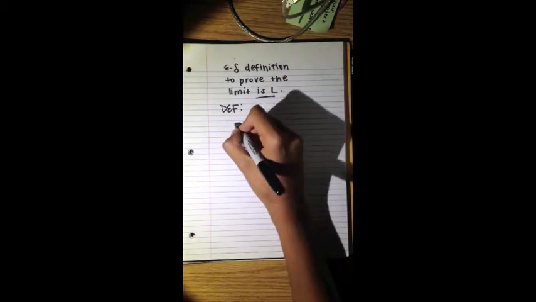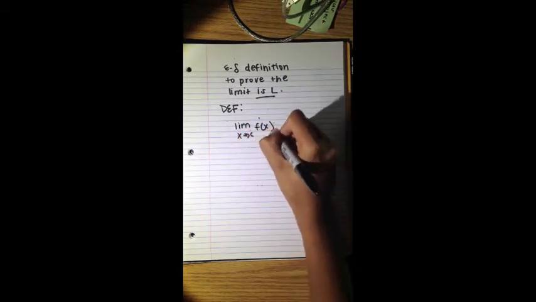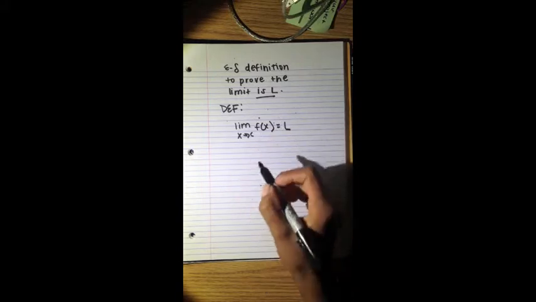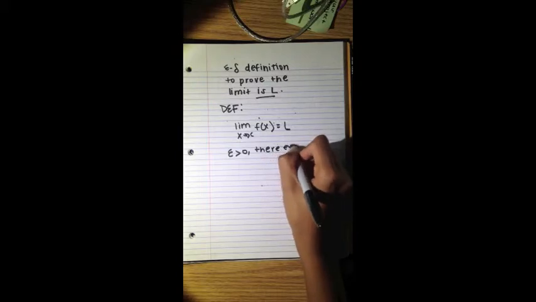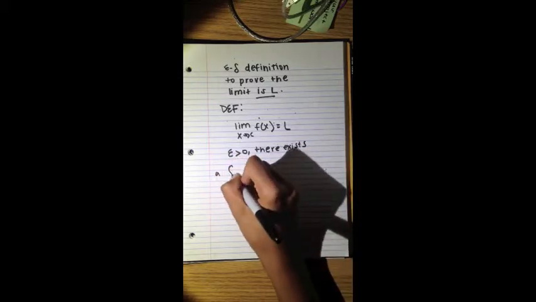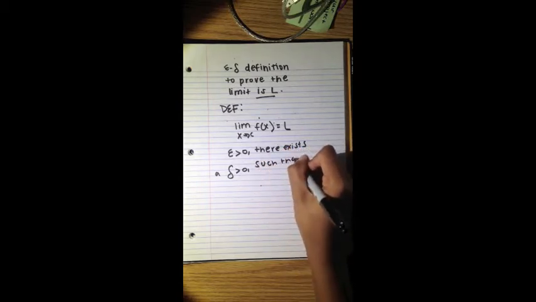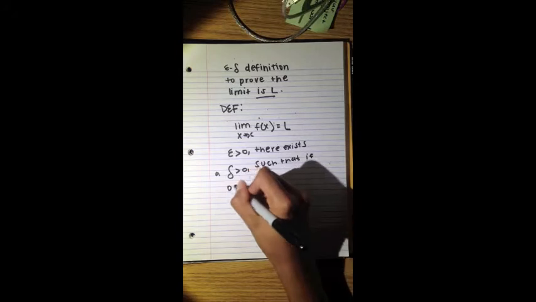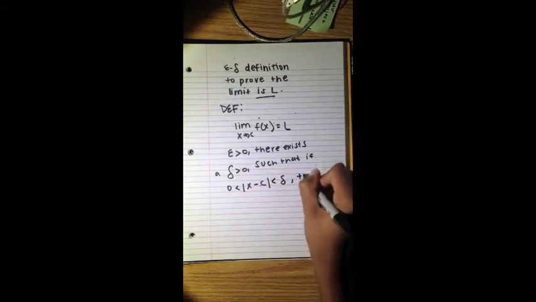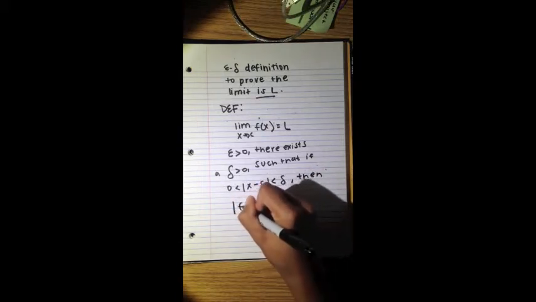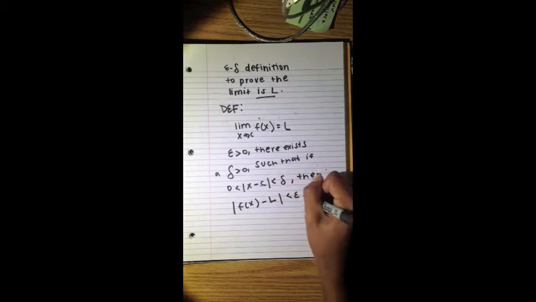So the definition of a limit is, as x approaches c of f of x, the limit is L. Which means that for each epsilon greater than 0, there exists a delta greater than 0, such that if 0 is less than |x minus c|, which is less than delta, then |f of x minus the limit| is less than epsilon.